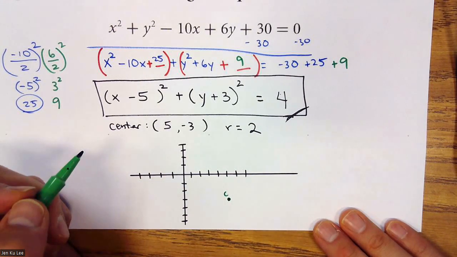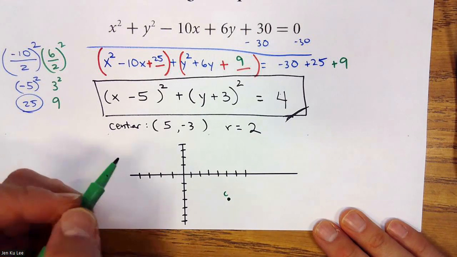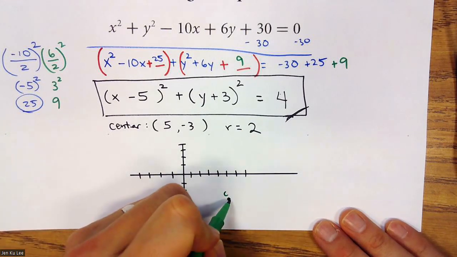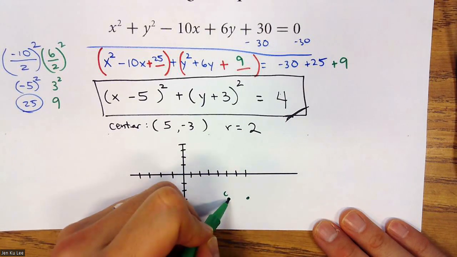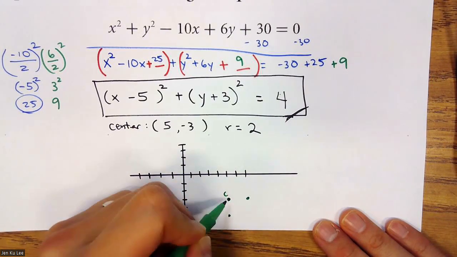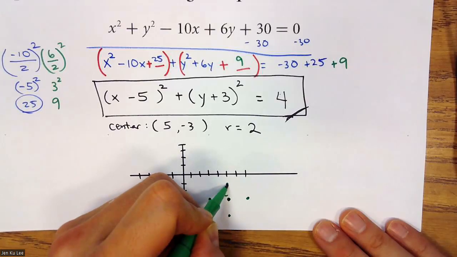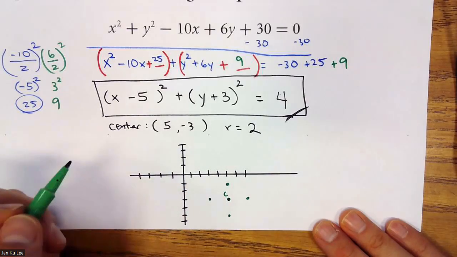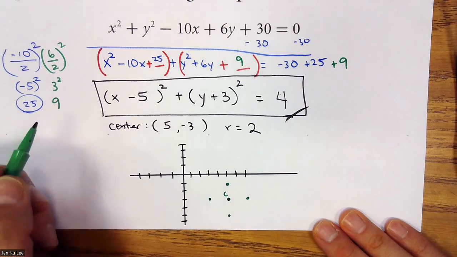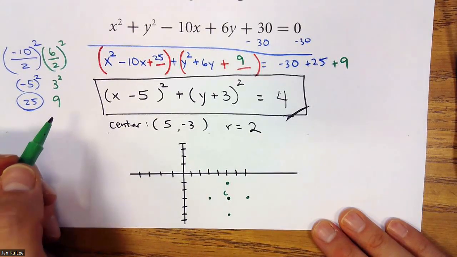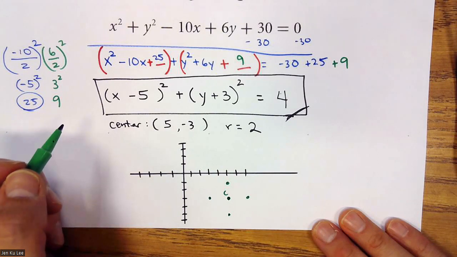Okay? My radius is 2. So from this point, all I'm going to do is go to the right 2, down 2, to the left 2, and then up 2. Okay, and if I was using graph paper, it would be evenly spaced out, right? So that has a radius of 2.